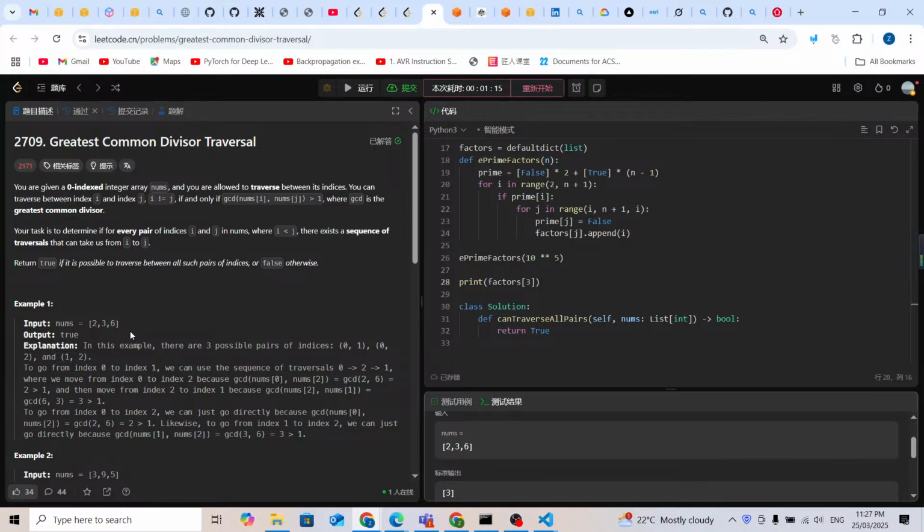I think I needed to append the number itself. So for example, like factors[6], I needed to have 2, 3, and 6, but in my, let me think about it.